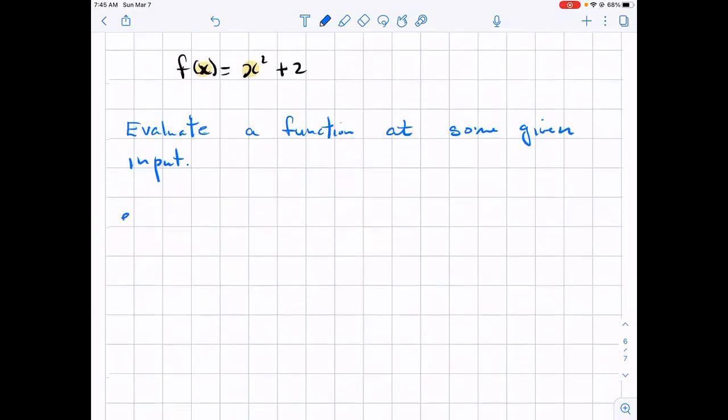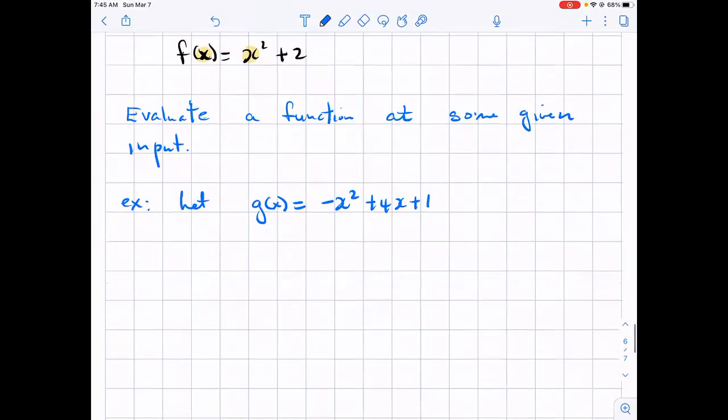So, example, let g of x equals minus x squared plus 4x plus 1. Okay? And suppose I ask you to find g of 2.